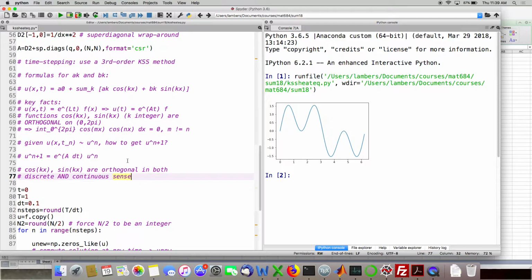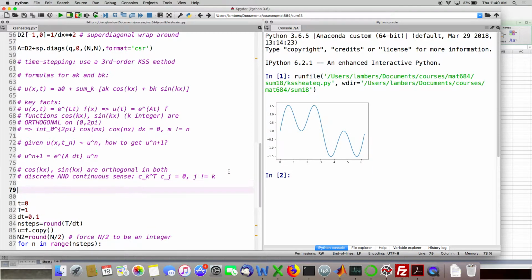But if you're using a grid of equally spaced points, that orthogonality also holds in a discrete sense. So for instance, ck transpose cj is equal to 0 if j is not equal to k. So these are just ordinary dot products of these functions evaluated at the grid points. So that helps too.